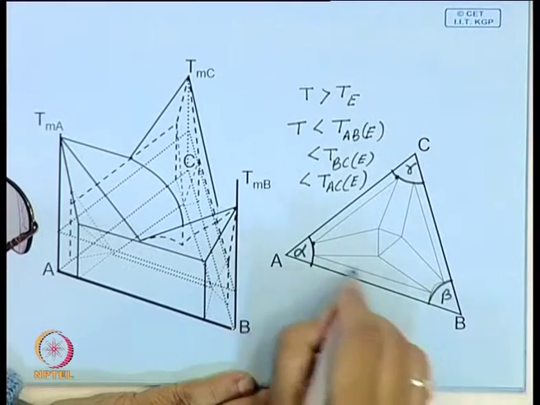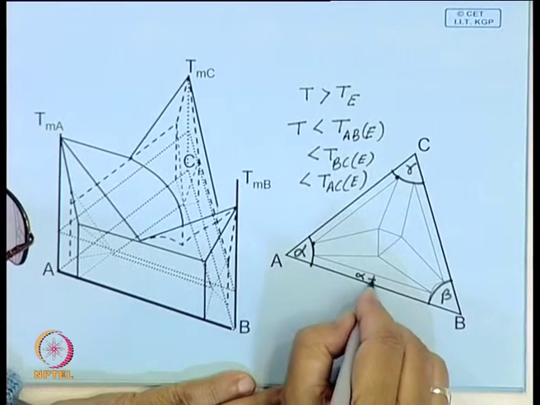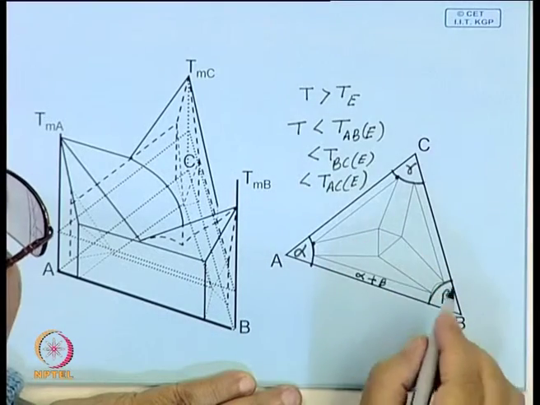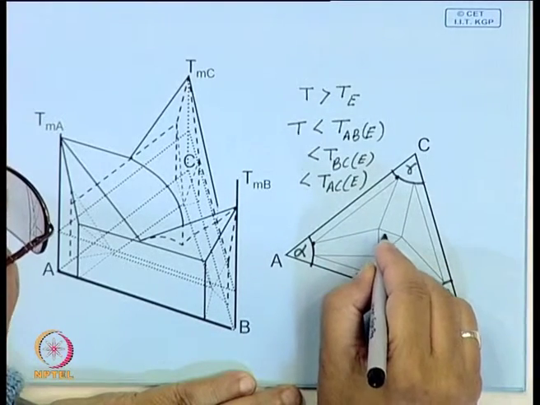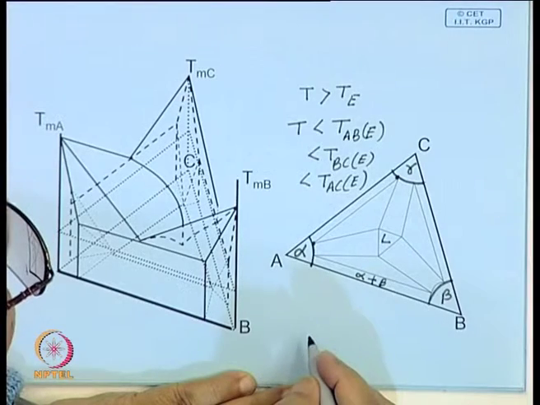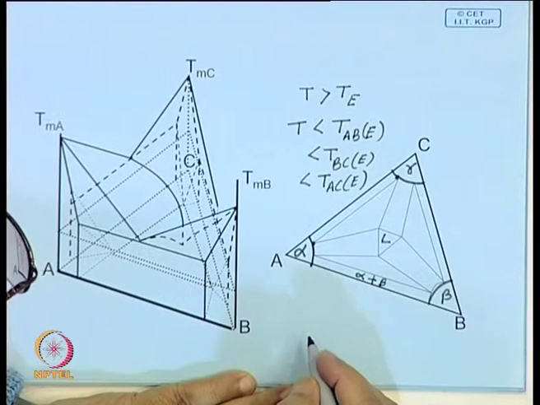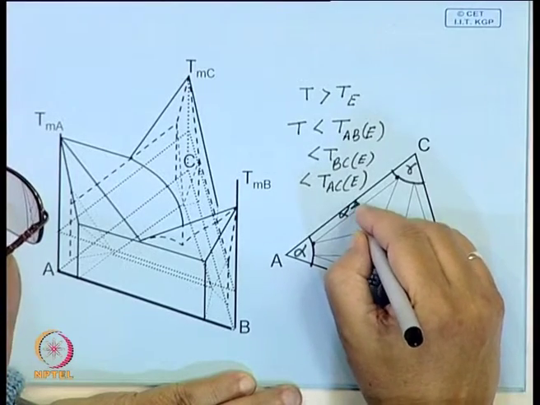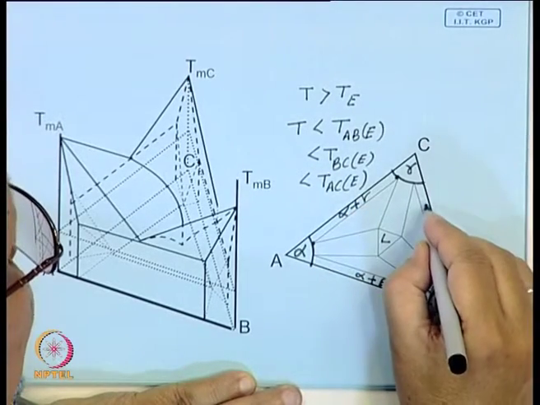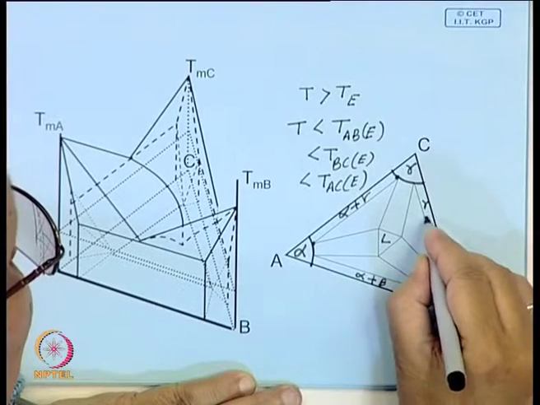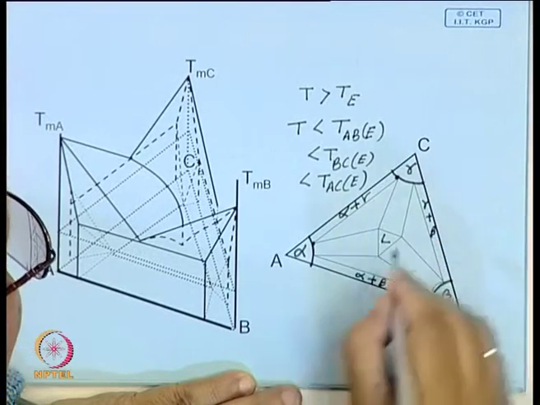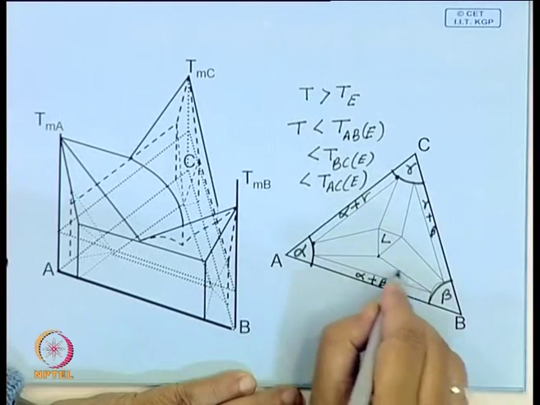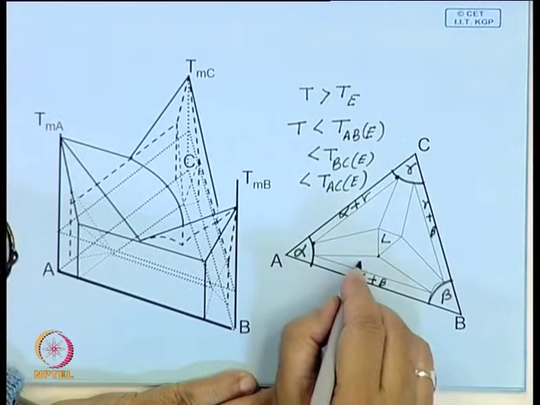Say suppose here this will be alpha plus beta, and this is the portion which is liquid. This portion will be alpha plus gamma, this portion will be gamma plus beta. Now, here we will see why this type of triangular region should exist.